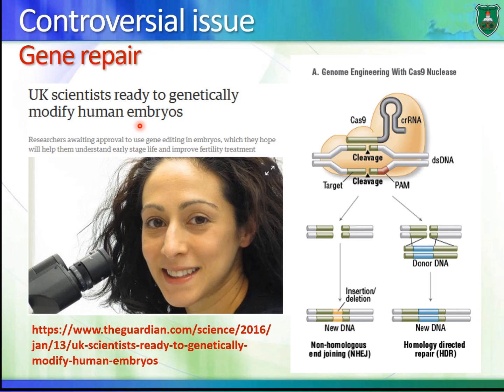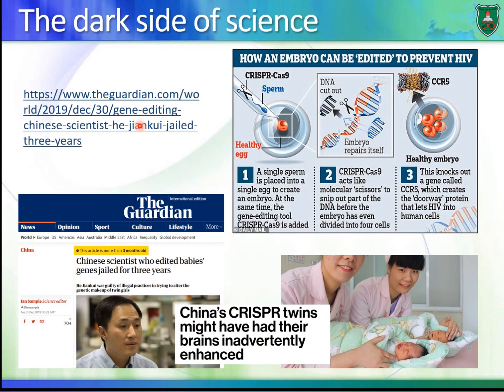And actually, what happened next was, at the end of 2019, you have this Chinese scientist. What he did was that he really edited the DNA of embryos. Using the CRISPR-Cas9 system, he disrupted a gene known as CCR5. So what's the significance of this gene?